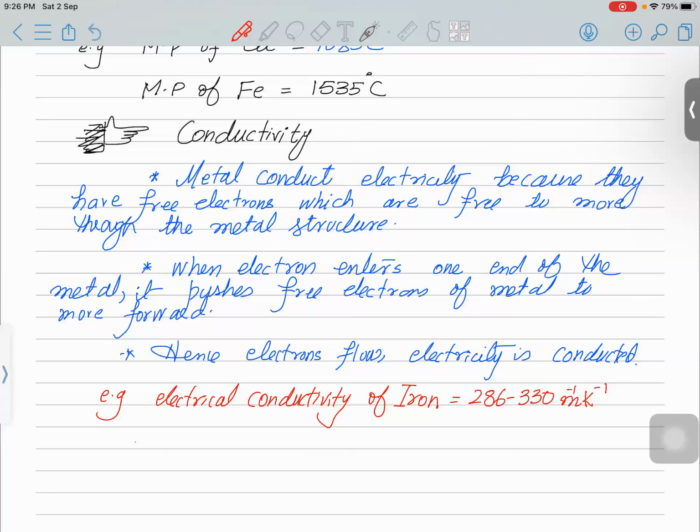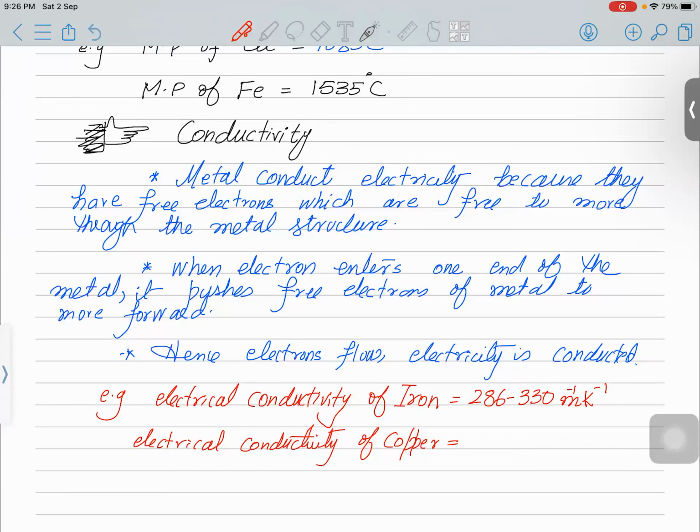Okay. Now find electrical conductivity of copper. Sir, here it says 16.78 nano ohm dot m at 20 degrees Celsius.